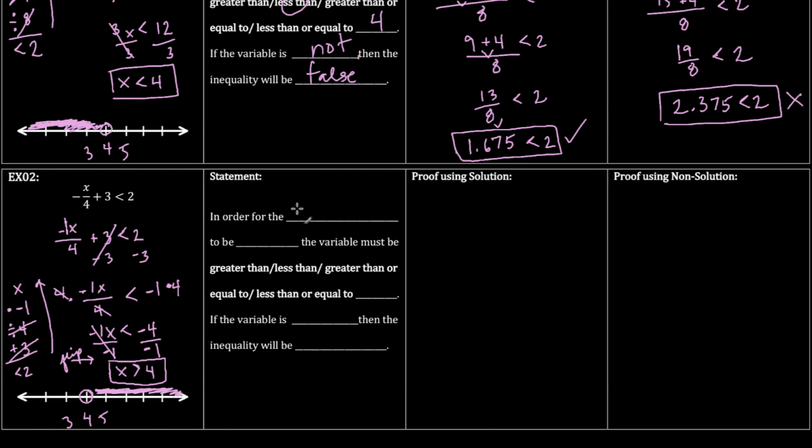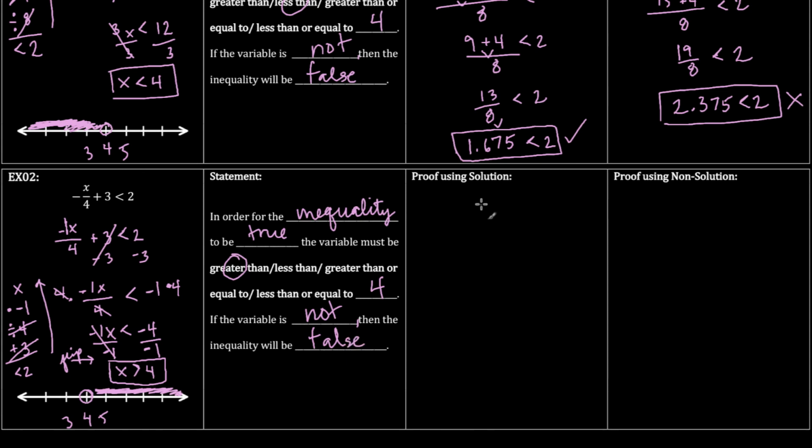So in order for the inequality to be true, the variable must be greater than 4. If the variable is not, then the inequality will be false.